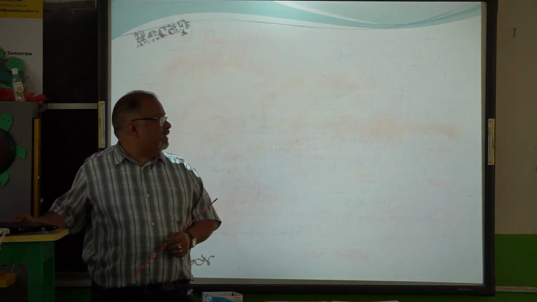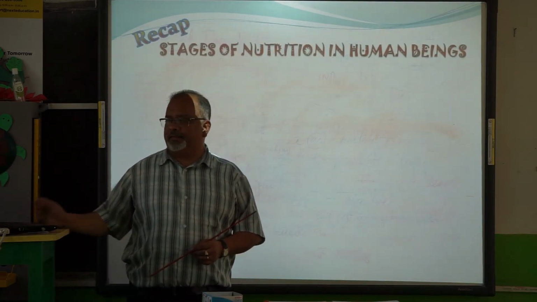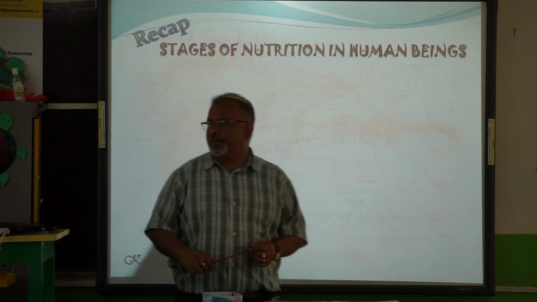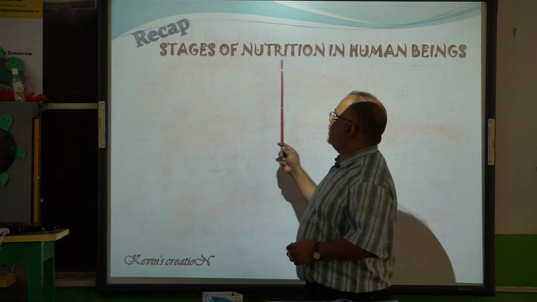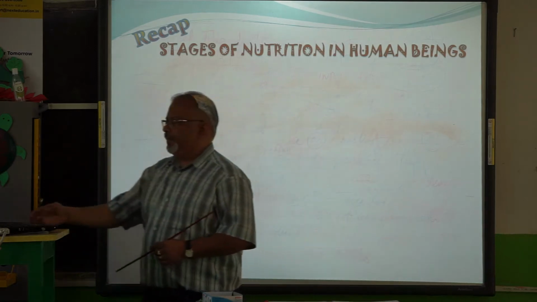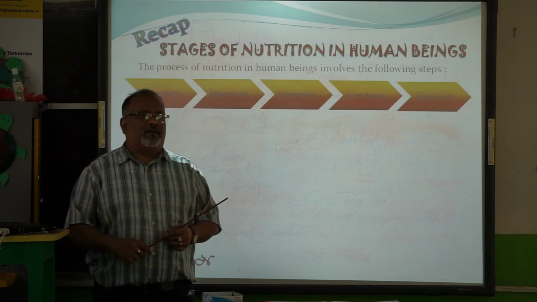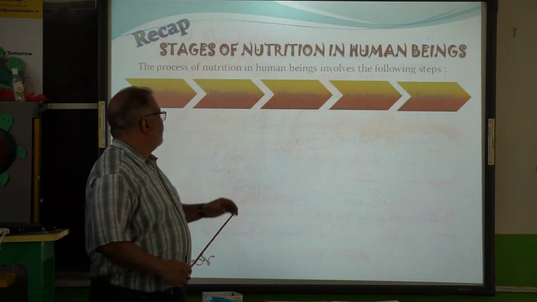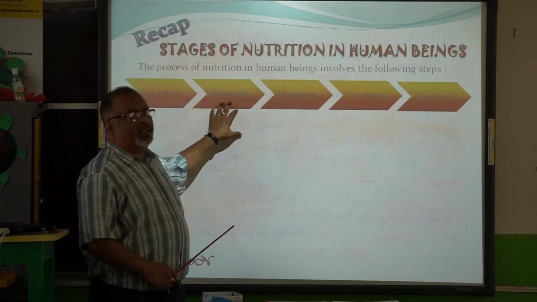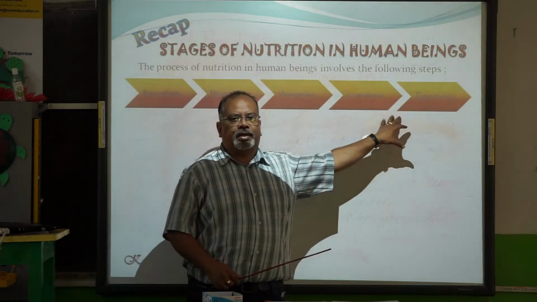Before we start that, let us do the recapitulation, what we did. Some of you must have forgotten also. So, we did stages of nutrition in human beings. And what were the stages? There were 5 stages: ingestion, digestion, absorption, assimilation and egestion.